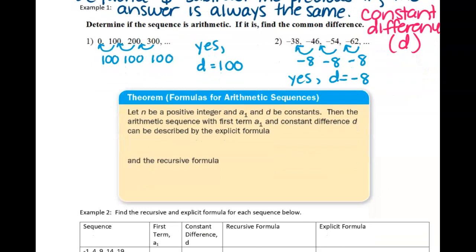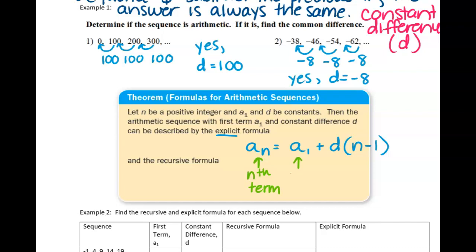So here's a theorem. Basically, we're coming up with formulas for arithmetic sequences. The general formula, the explicit formula, which you can use to find any term, is a sub n equals a sub 1 plus d times n minus 1. So a sub n is our nth term. If n was 3, it'd be the third term.